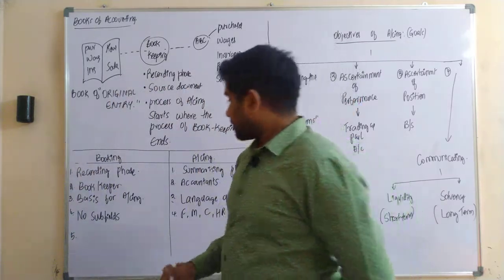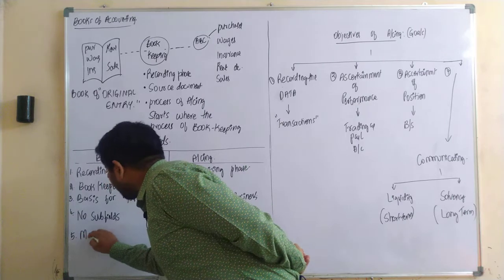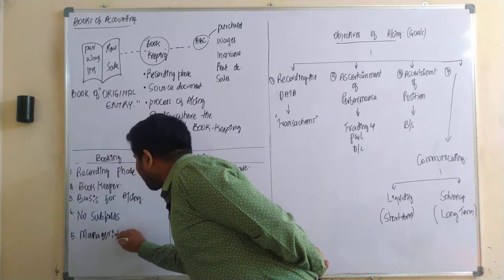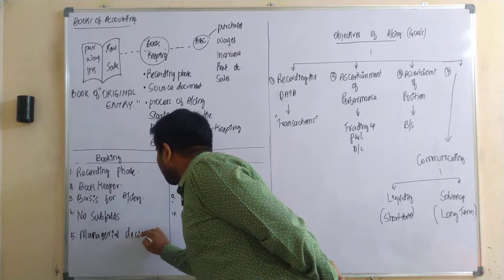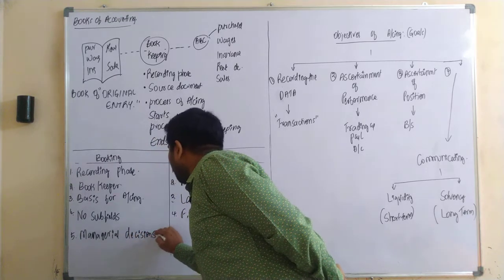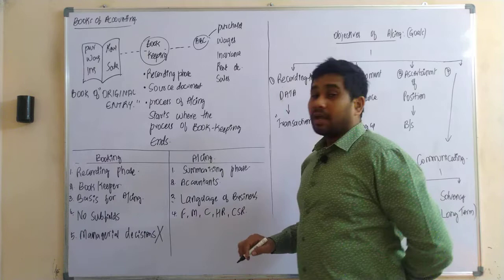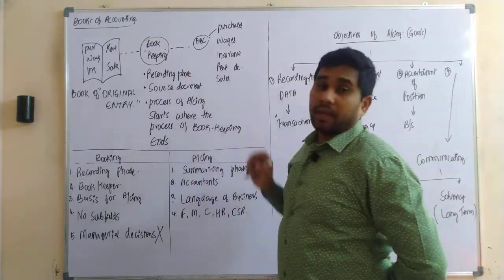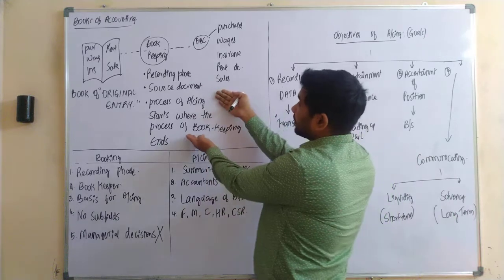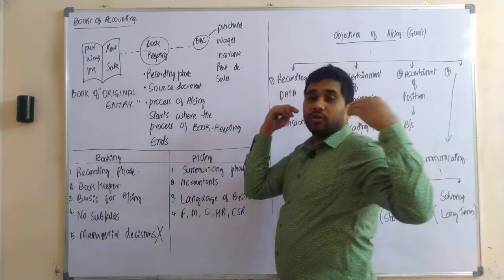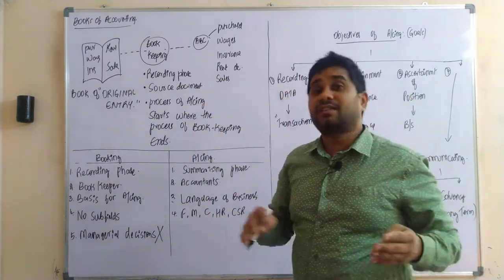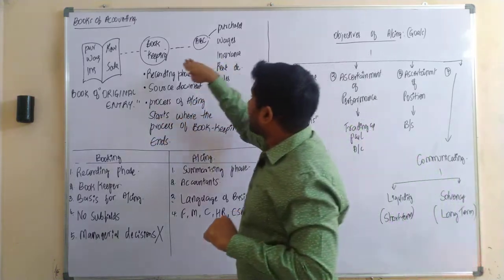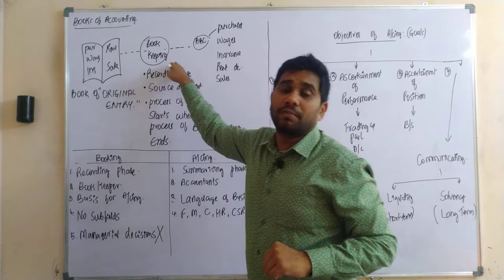Managerial decisions. The managerial decisions cannot be taken based on the bookkeeping. So that means as this is nothing but a recording phase, you're just recording the transactions. That's it. You're not even separating the transactions. You're just recording the rough data of the business here.